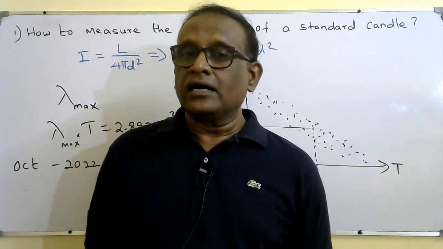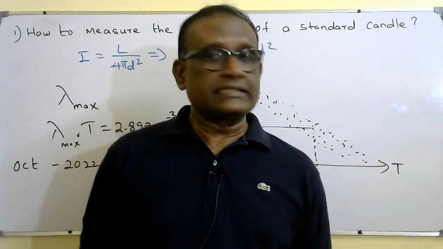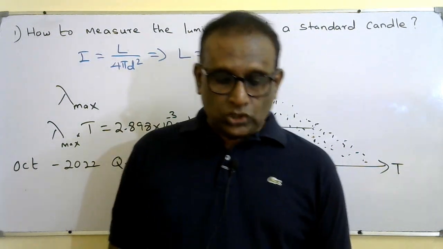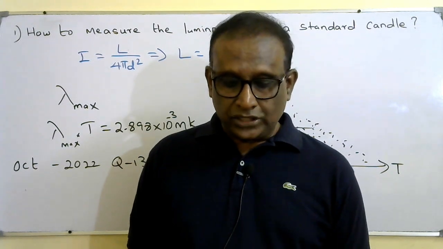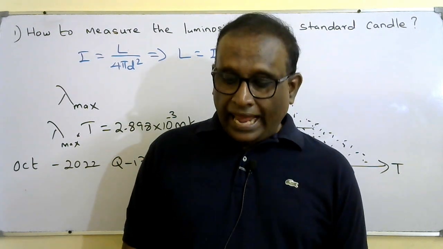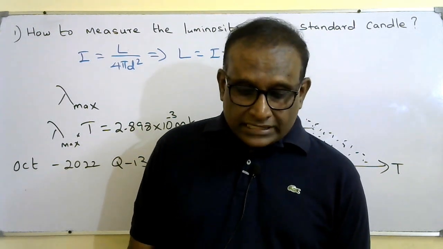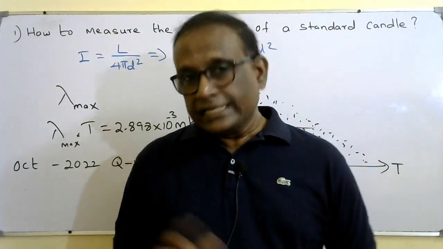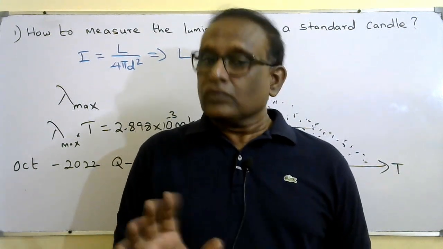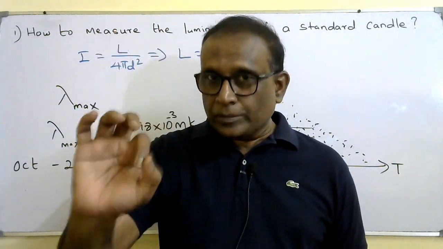So there, the type of the standard candle is not specified. The question also asks how to use this to determine the distance of a nearby galaxy. Nearby galaxy means a galaxy beyond our galaxy, but not more than 100 megaparsec, where we are unable to use trigonometric parallax.